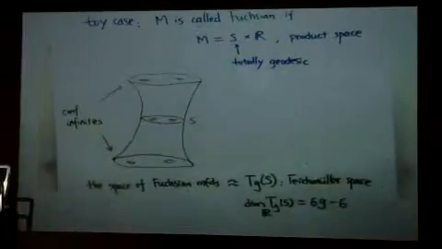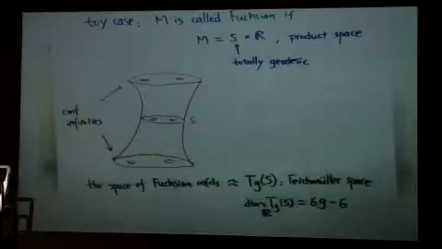You can imagine there's a geometric foliation going from S to both infinities by level sets.